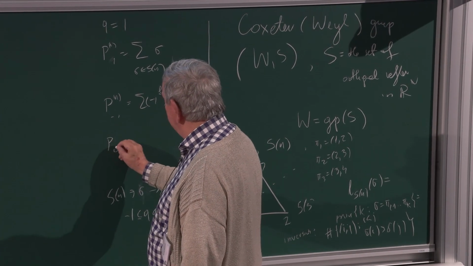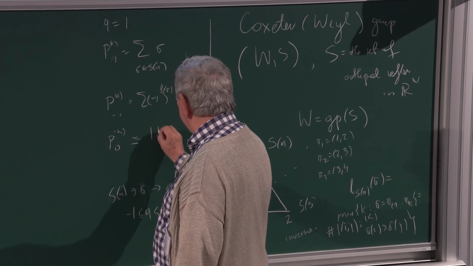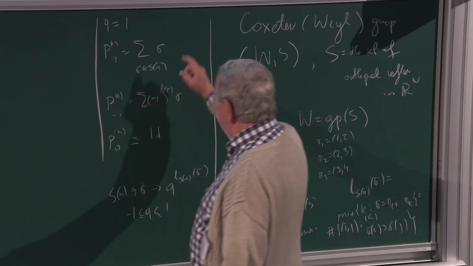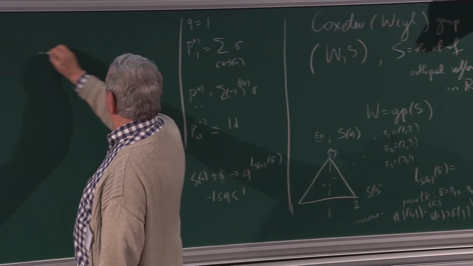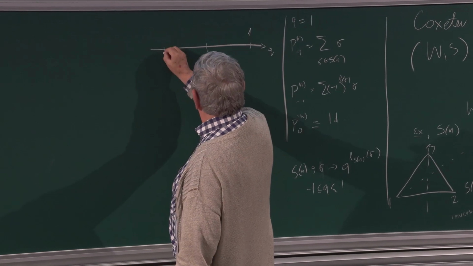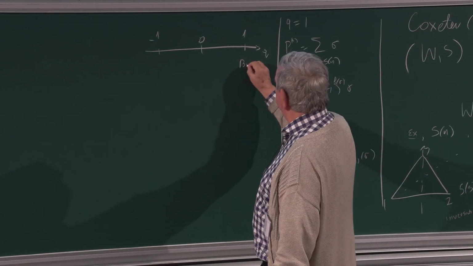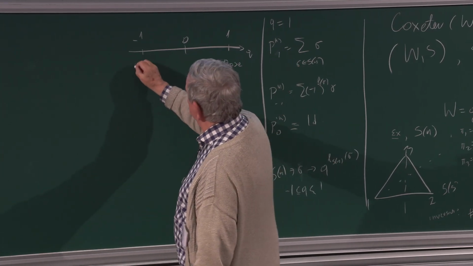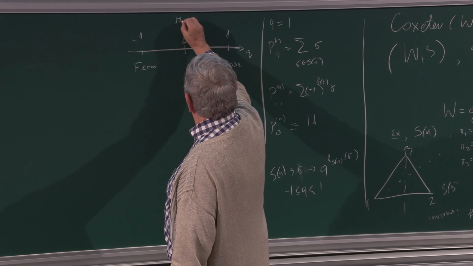At q equal 0 this is the constant function identity, and so on. But values in between also work, and this is something we usually write as the parameter q. Here is 1, -1, this is q, this is 0. So this is called the Bose Fock space, for Fermi, and this is called Maxwell.